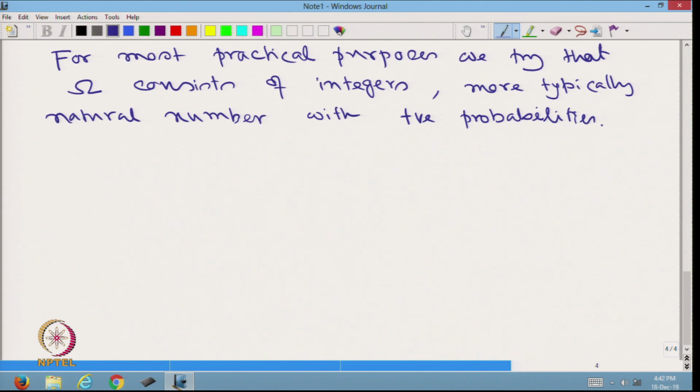So, let me now give you several different types of discrete random variables. Perhaps one of the simplest is the Bernoulli random variable.